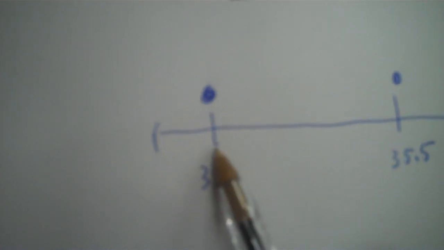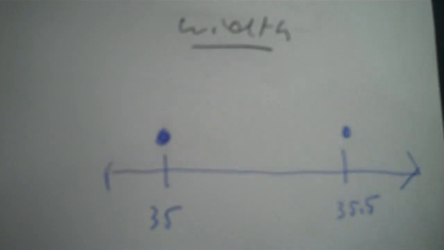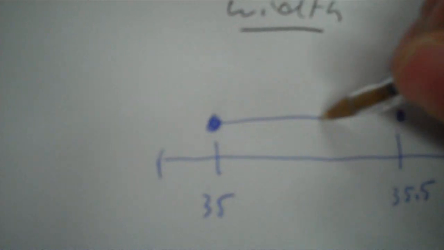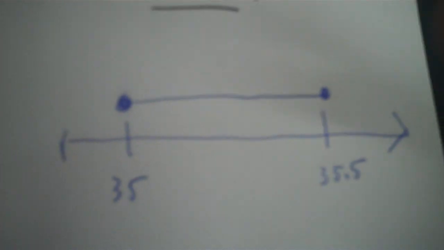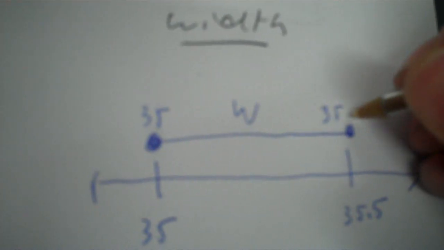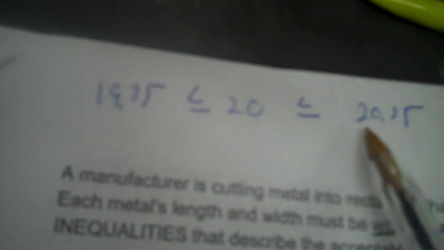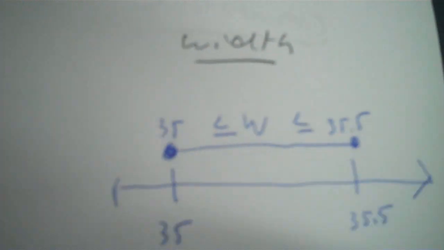So you can be equal to those amounts. That's the lowest you can be equal to, that's the highest you can be equal to. So then you connect them. You can also have a width of anything in between those amounts. So use W as your variable. You put 35, you put 35.5. And as I illustrated up there, they both need to be less than signs. Okay, and then you're done.